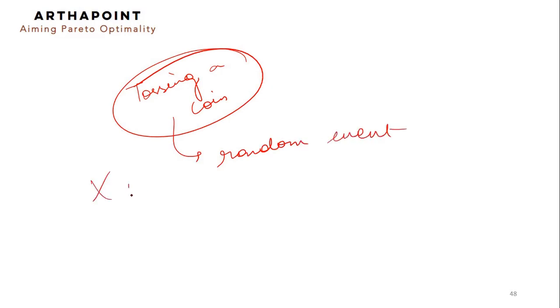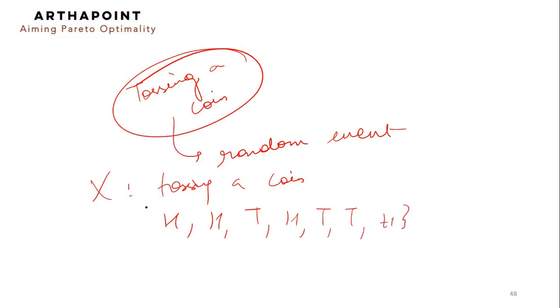If I say X is tossing a coin, you may get head, head, tail, head. So this is coming randomly, and because it is coming randomly, it has a probability associated with it. The probability of head is half, the probability of tail is half, and so on.